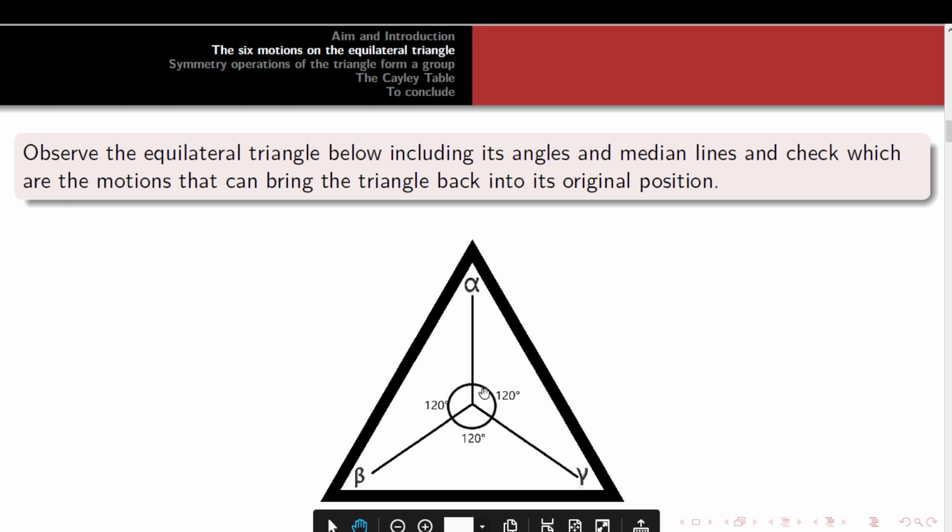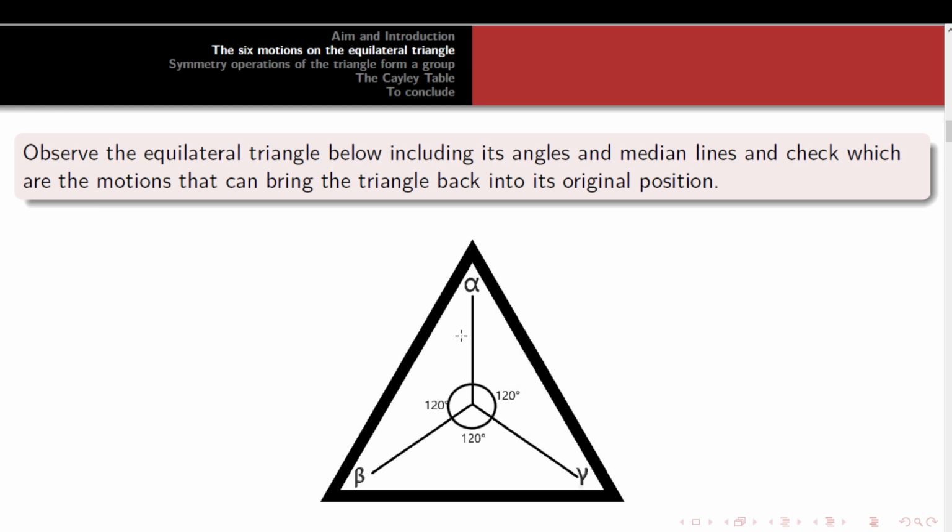Also you have to look at the median lines and the angles specified at the centroid of the triangle. Okay, so you have the angles to be 360 divided by 3, you have 120, 120, 120, and as we earlier said, all of the angles will be 60 degrees at alpha, beta and gamma. So this is an equilateral triangle.